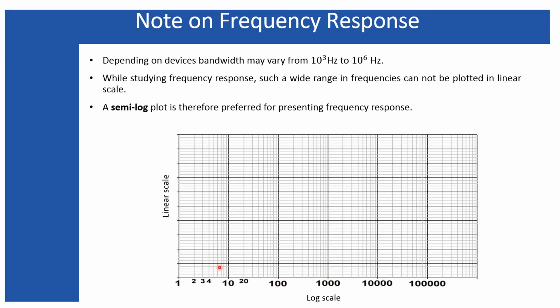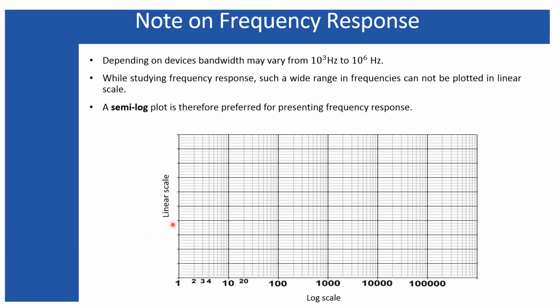The y-axis is where you plot the level of the voltage or the current in linear scale, and this linear scale many times is presented in decibel, and decibel means 20 log of the quantity you want to plot.